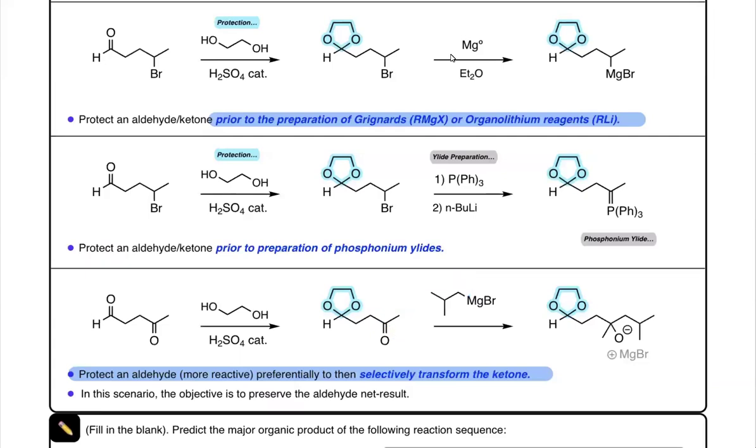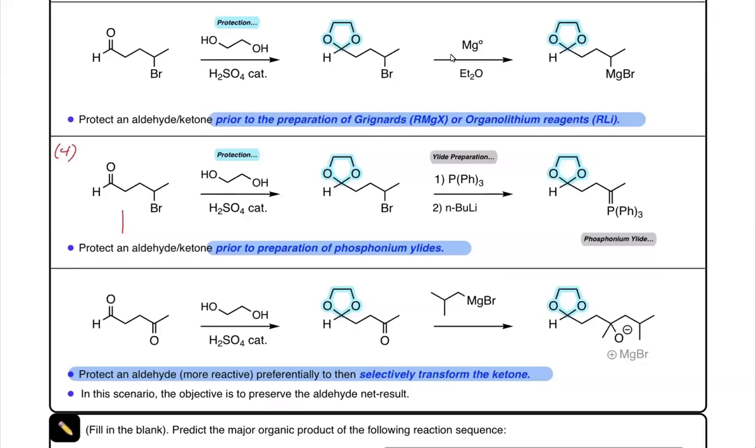Now, the fourth situation for using a protecting group would be to protect prior to forming a phosphonium ylide. Perhaps the objective here is to turn the alkyl bromide into a phosphonium ylide. Remember that phosphonium ylides are reactive towards aldehydes and ketones. So if I just prepared my ylide right away, I could make the ylide, but then the ylide would react with the aldehydes.